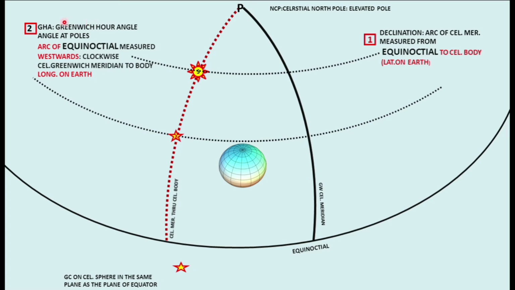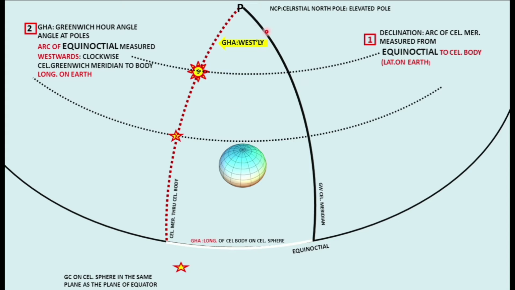Greenwich hour angle is the arc of the equinoctial or angle at the poles contained between the Greenwich celestial meridian and the celestial meridian passing through the body, measured westwards. So if this was the case on the Earth, this would be the longitude of an observer west.